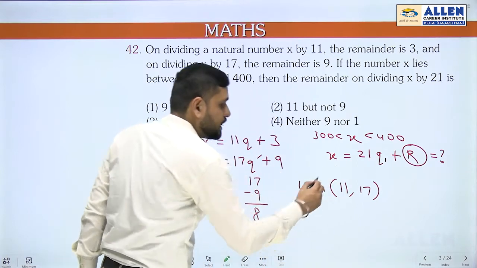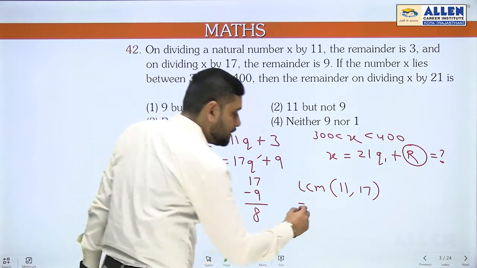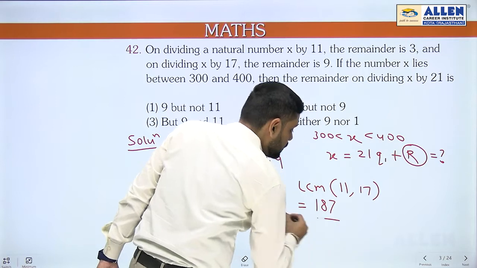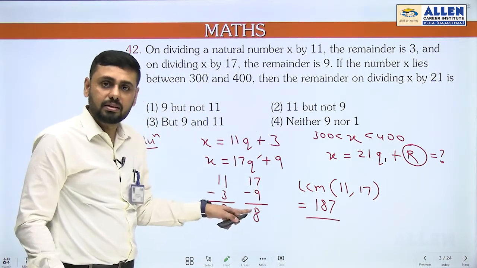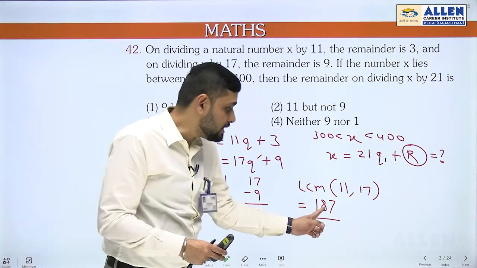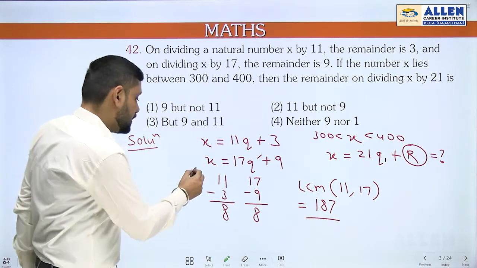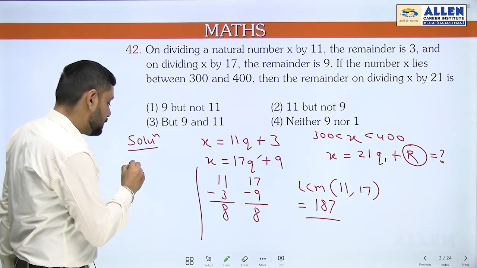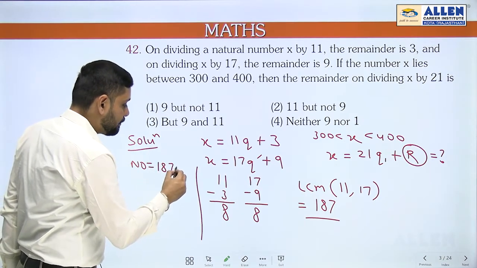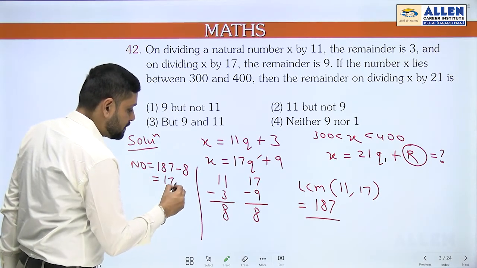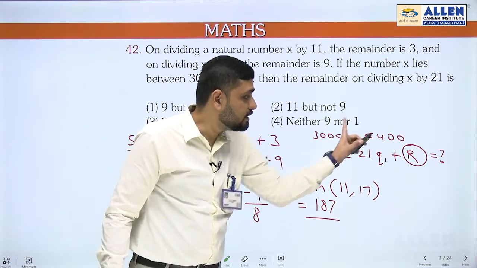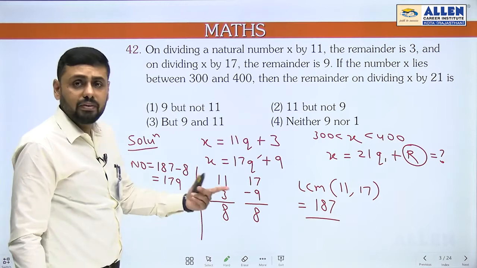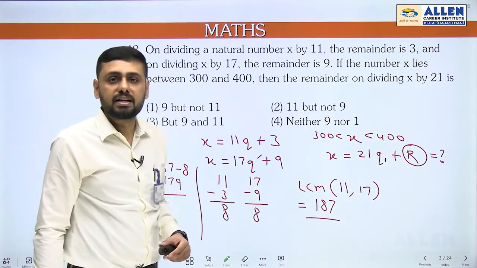If you take the LCM of 11 and 17, you will get 187, right? So the answer can be 187 minus this difference. That is, the number can be 187 minus 8, so you will get 179. But here it is said that x lies between 300 and 400. It means we need to take a multiple of 187.